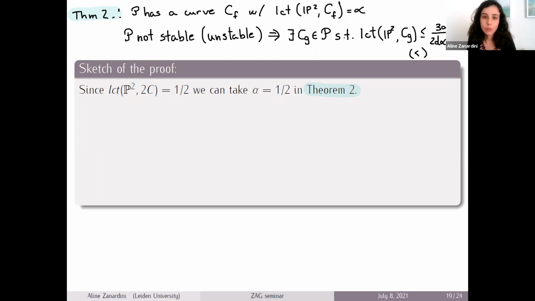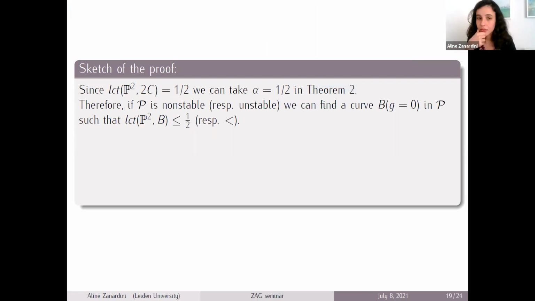Okay, so because of this, if my pencil is non-stable, respectively unstable, I can find a curve on it such that its log canonical threshold is less or equal than a half, respectively less.